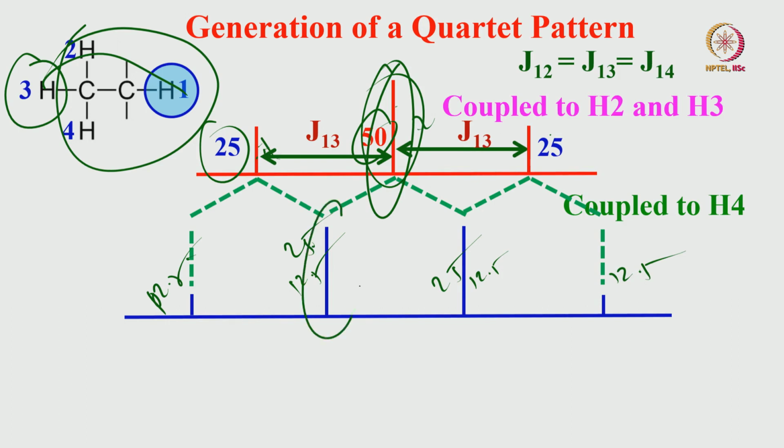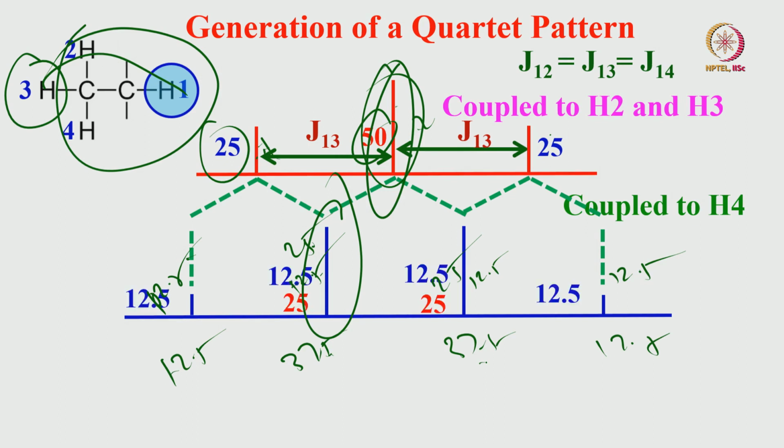Here three lines are overlapped, three lines of intensity 12.5. Two from here, one from here. Here two lines from here, one from here overlapped. Now what is the total intensity? This is 12.5, this is 37.5, 37.5 and 12.5. What is the ratio now? 1:3:3:1. You got a quartet.